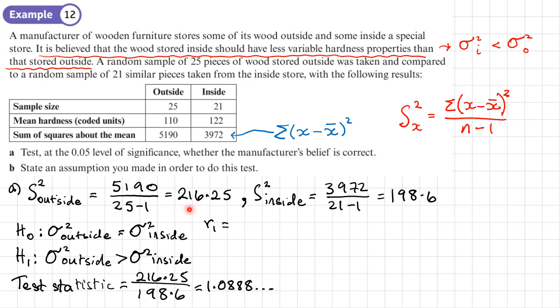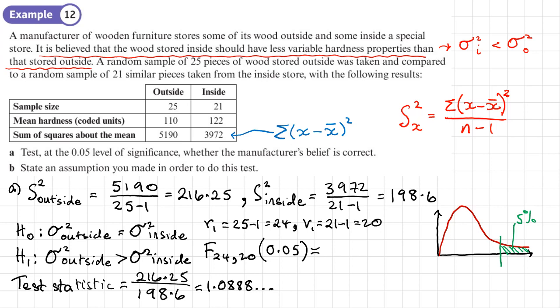So the one with the larger variance, which is the outside population, was a sample of 25, so that's going to be 24. And for the inside, nu2, that was 21, so that's going to be 20. And we're testing at the 5% level of significance.